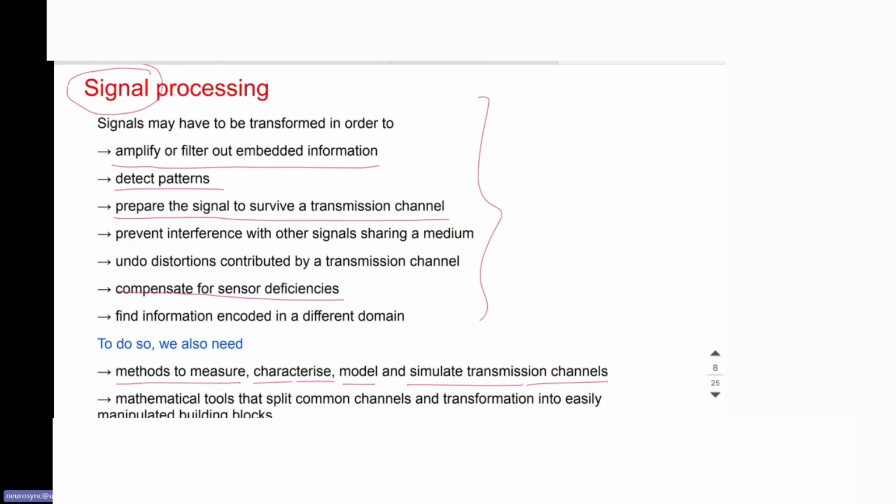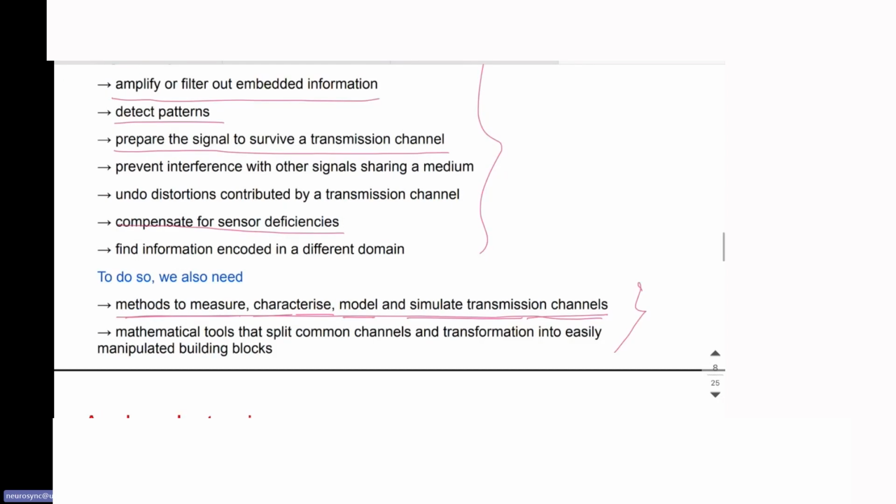All these things we will need for the processing. There are some mathematical tools that split common channels and transformations into easily manipulated building blocks. In detail, we will see these methods and models.